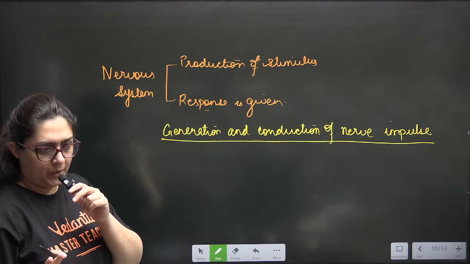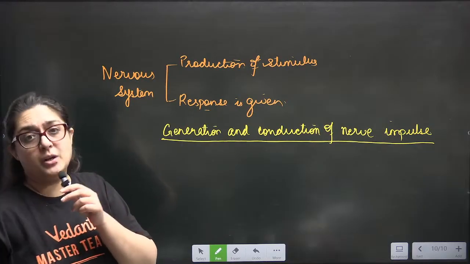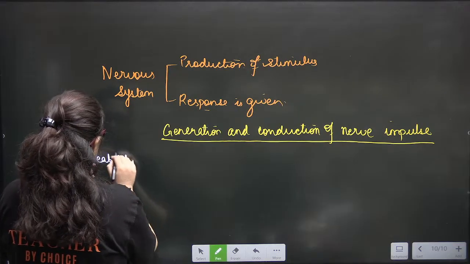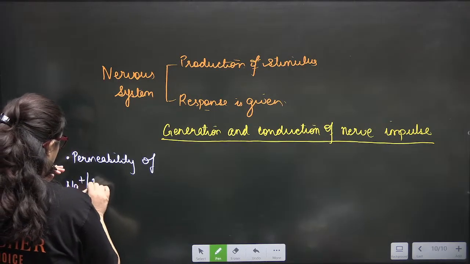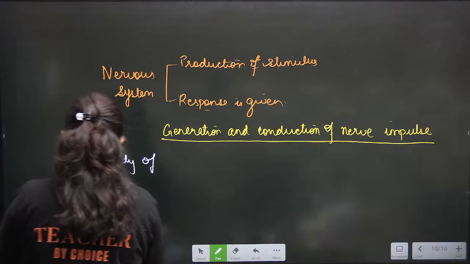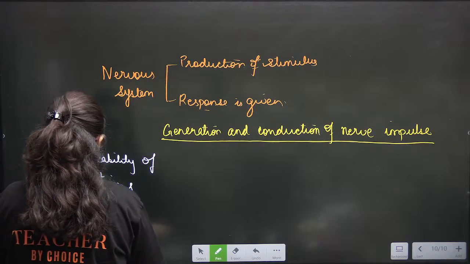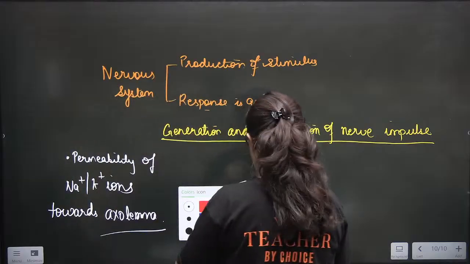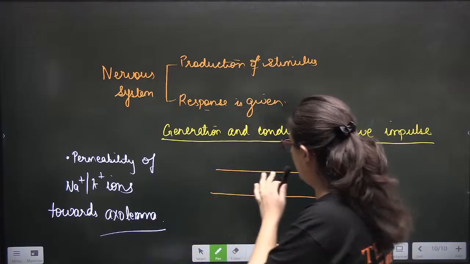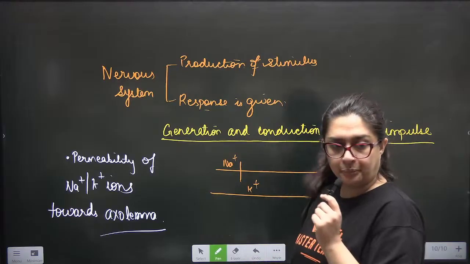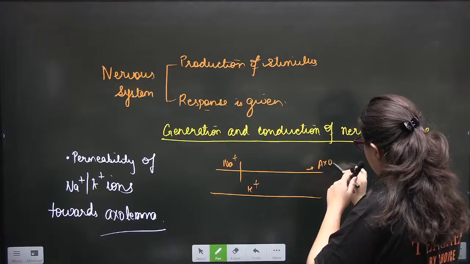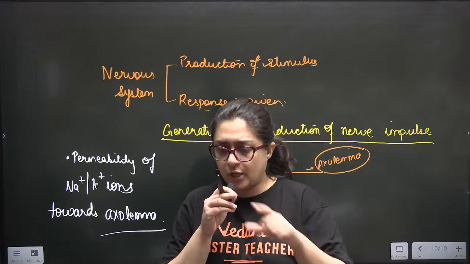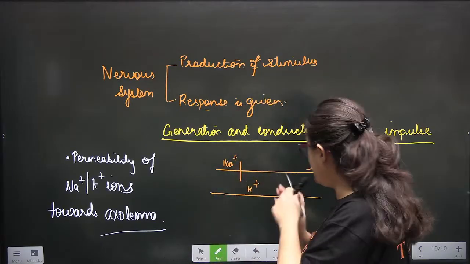It is all about the permeability of sodium and potassium ions towards the axolemma, the cell membrane of the axon.